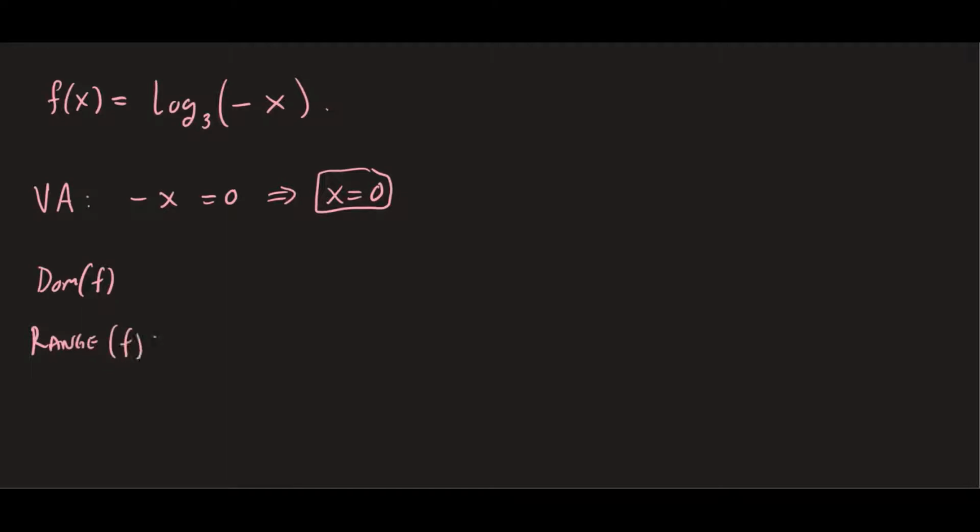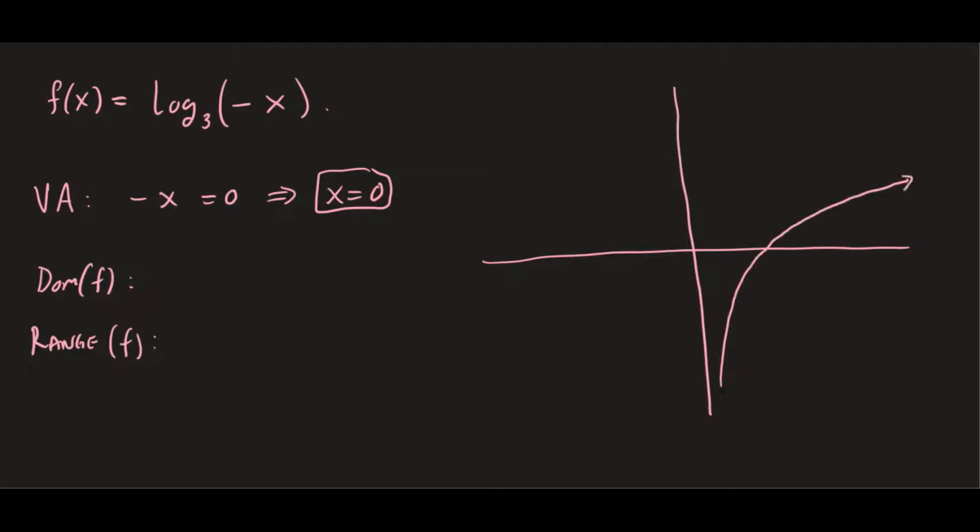So let's go ahead and sketch this function using transformations. Here we have log base 3. Again, it's still the same shape as the basic shape. This would be the graph for log base 3 of x. Now that negative inside the parentheses represents a reflection about the y-axis. So we're going to take the original graph and reflect it about the y-axis.